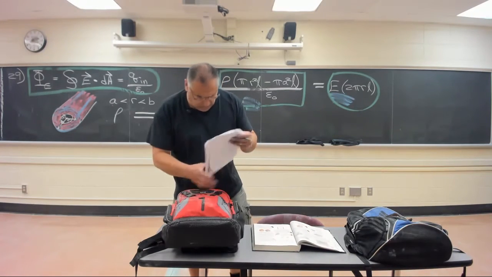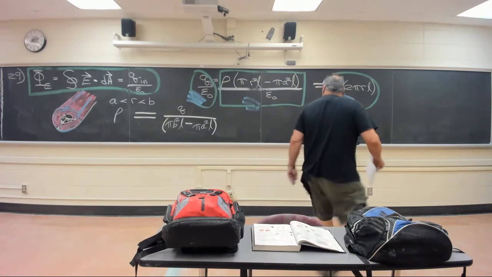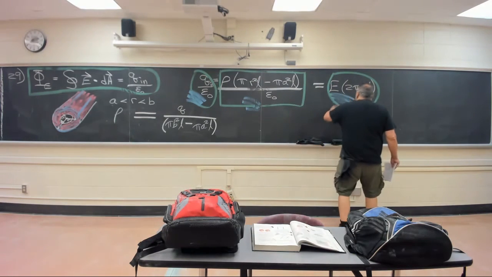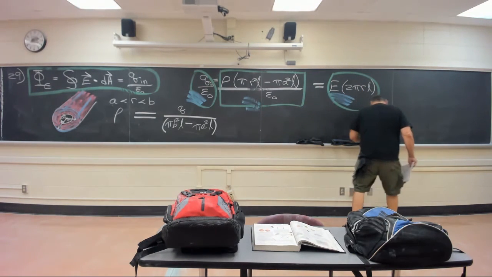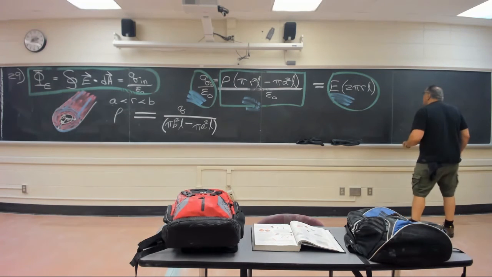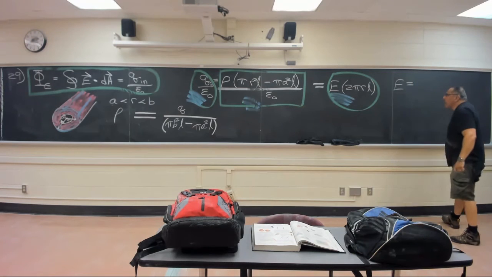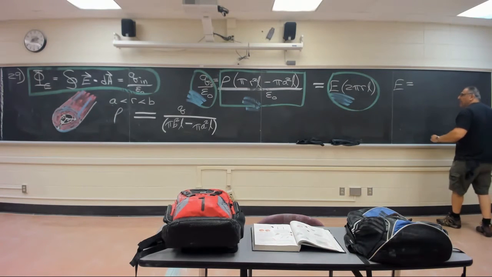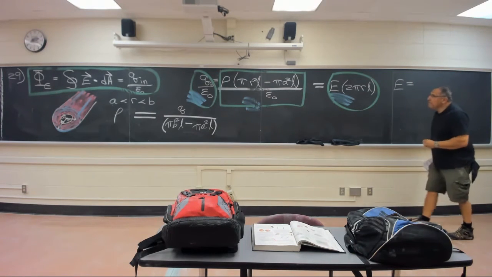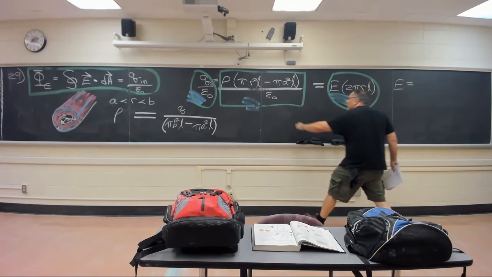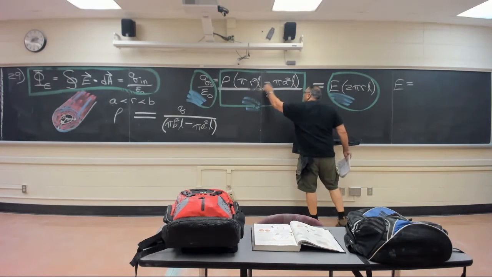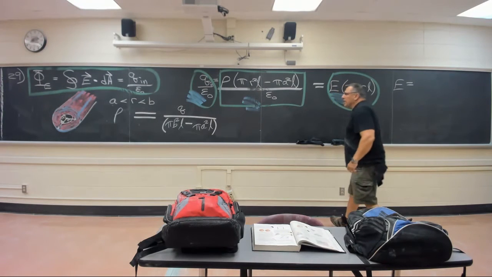Okay, guys, so what do you got? Why don't you take and solve for E? E becomes, there's an L here too, right? There's an L here. Let's pull that out.